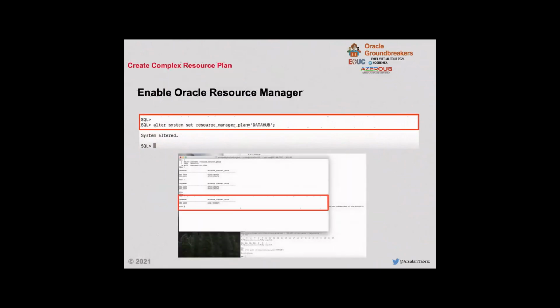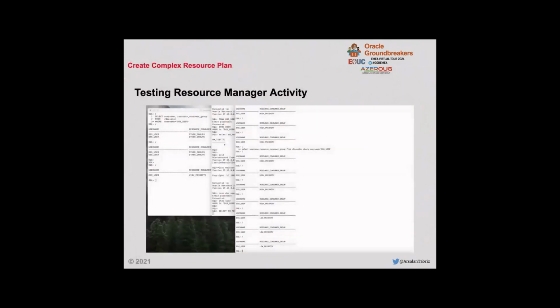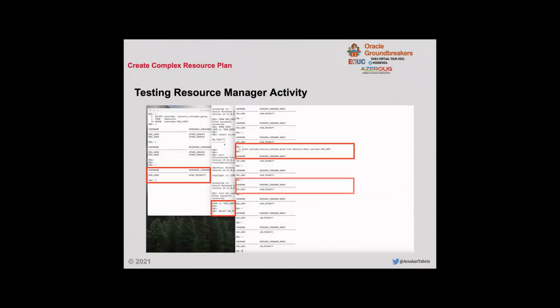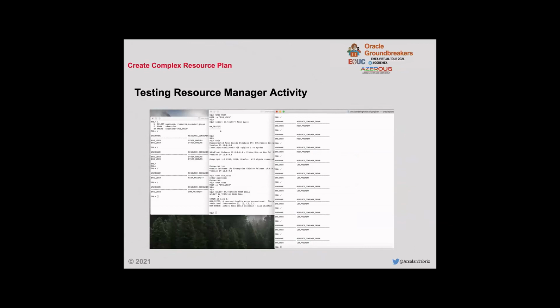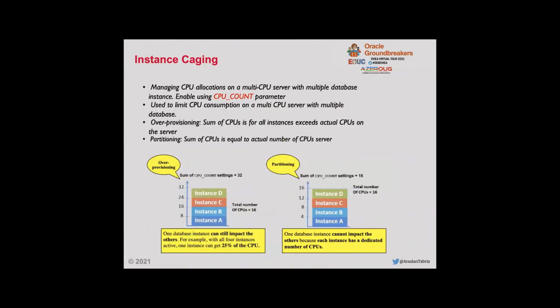The last slide is instance caging, which manages CPU allocation on a multi-CPU server for multiple database instances. To enable it, you use the CPU_COUNT parameter to limit CPU consumption on a multi-CPU server with multiple databases.